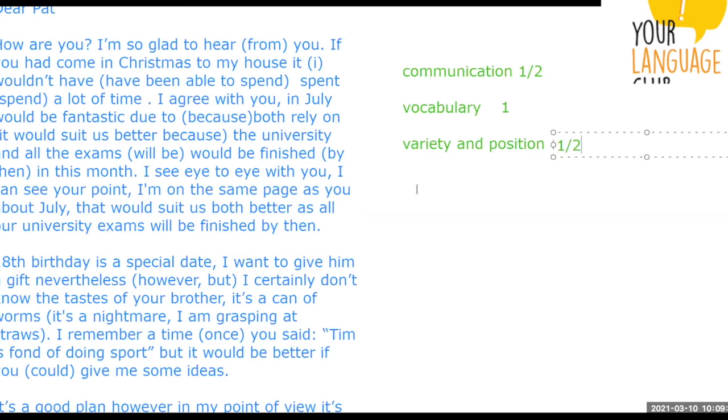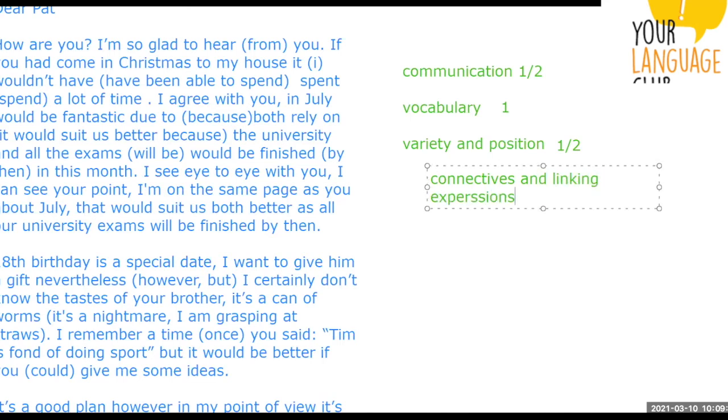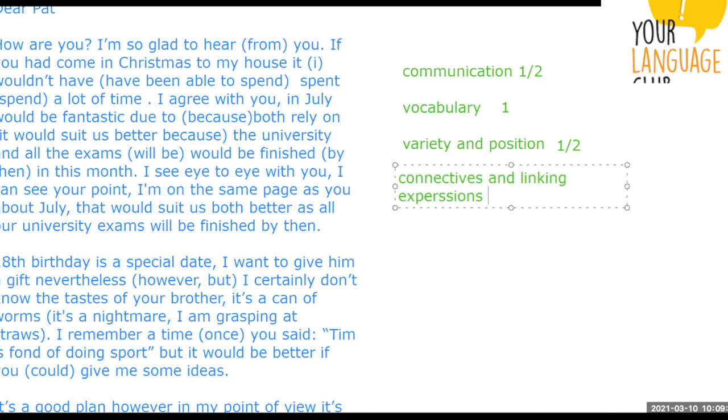And then the next one is connectives and linking expressions. Has she used lots of those? 0. Adrian, what do you think? Connectives and linking expressions. He used some connections, but they're not well used.